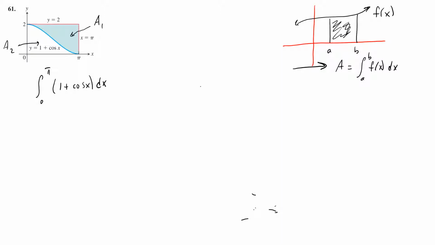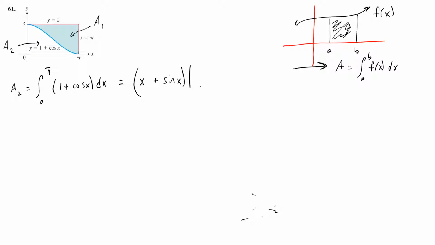So if I carry out this calculation, the integral of 1 plus cosine x from 0 to pi, this will be what I want. It'll be the area of the shaded region. Okay, so the integral of 1 with respect to x is x, and if I integrate cosine x, that'd be sine of x.